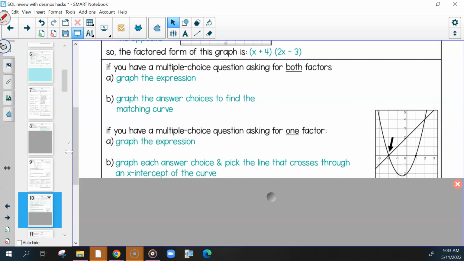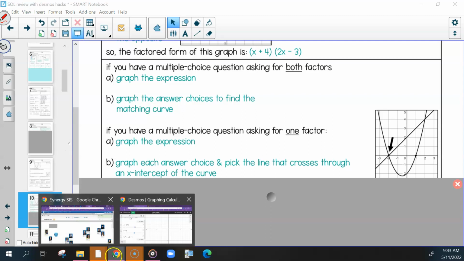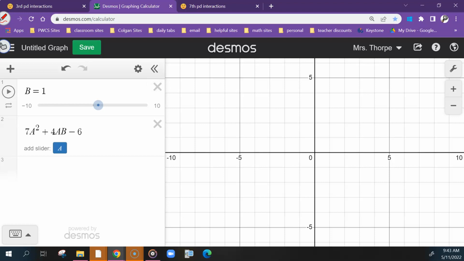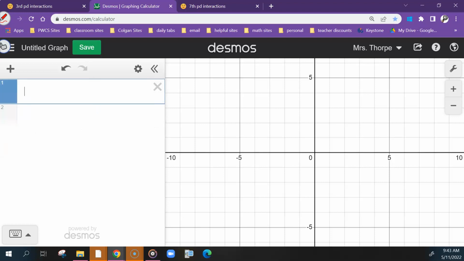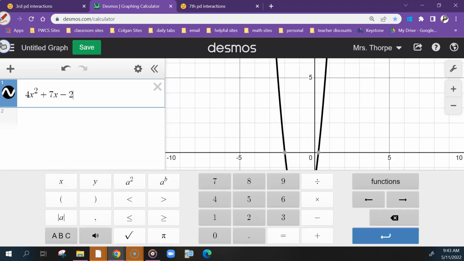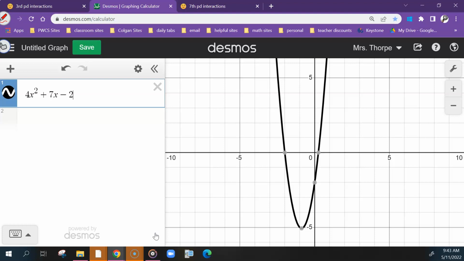Does anyone need to see any of 18 through 23 in Desmos? Aubrey. 19. So 4x squared plus 7x minus 2, is that right?